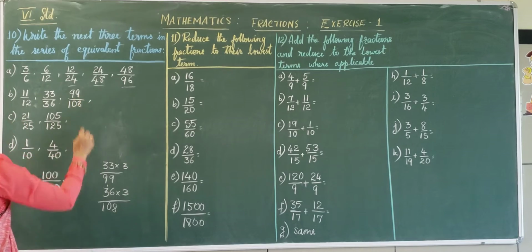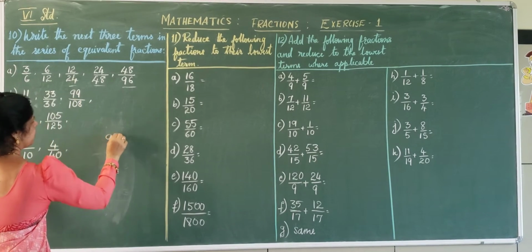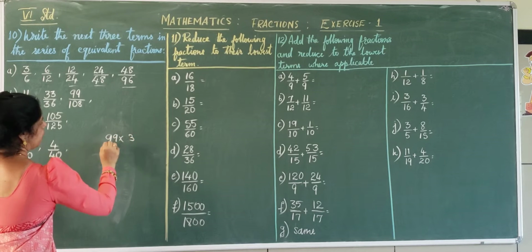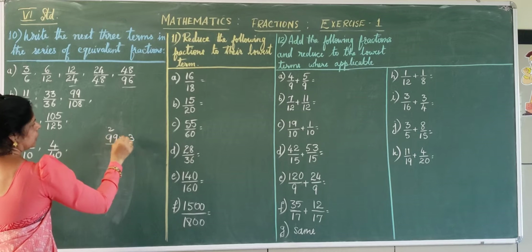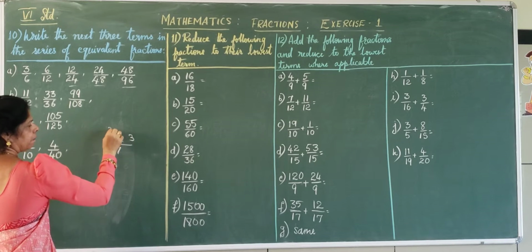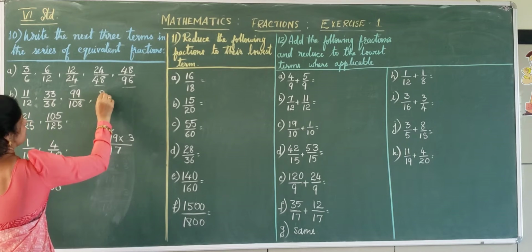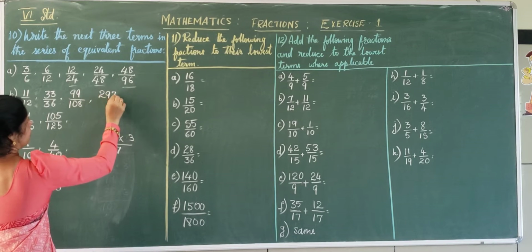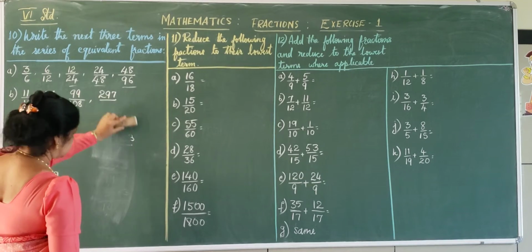Next number. Again 99 multiplied by 3. 3 9s are 27. Carry 2. 3 9s are 27 plus 2 is 297. So the next term is 297 by 108 into 3.